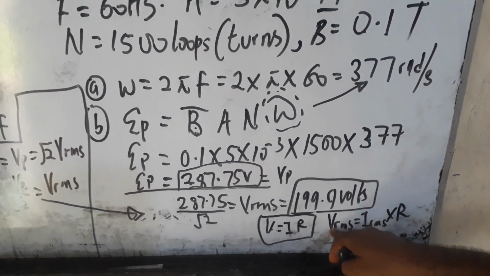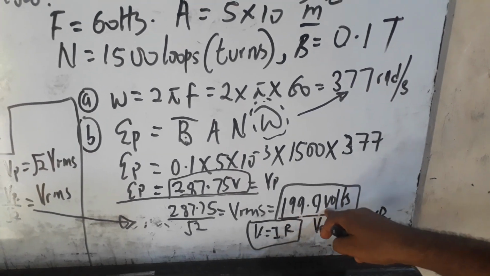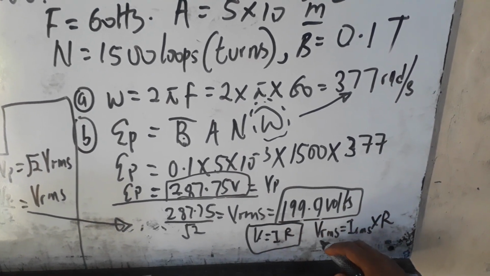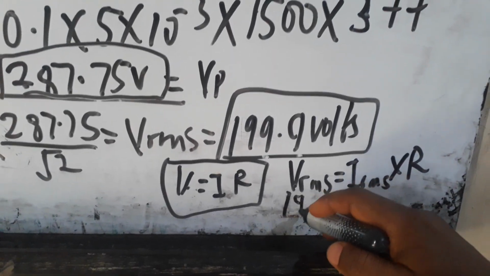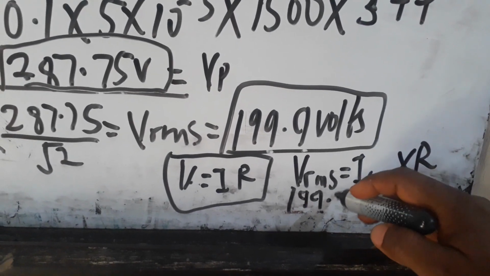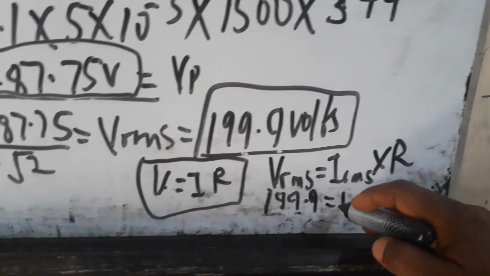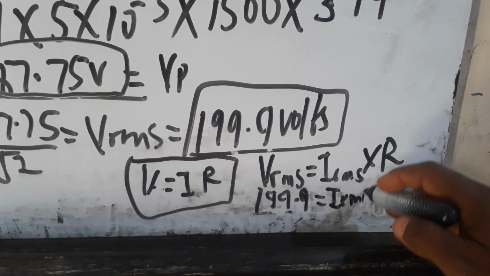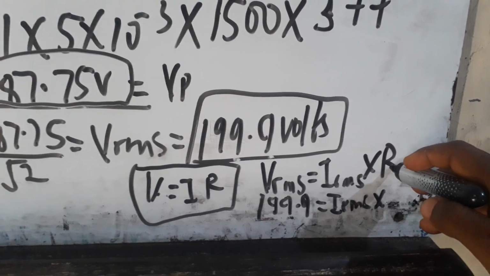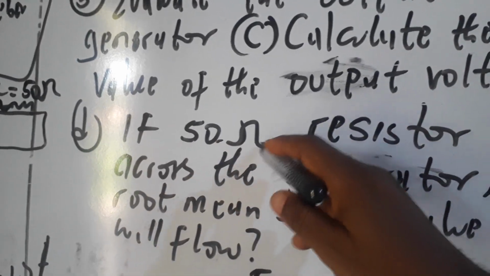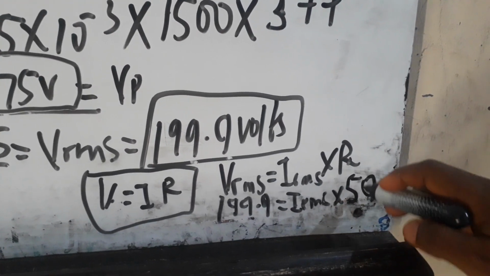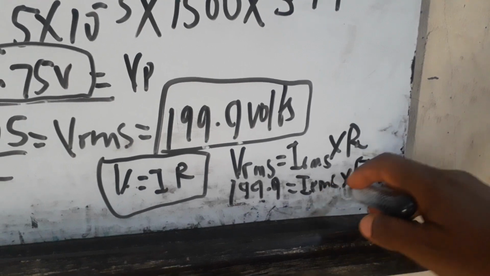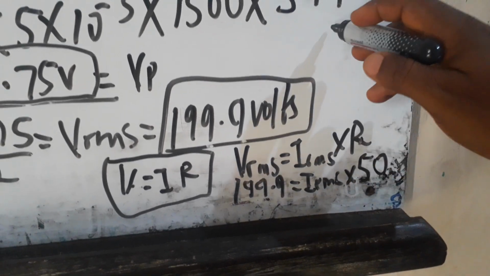The root mean square value that we got is 199.9, so I will substitute it. 199.9 is equal to I RMS that we are looking for, times R. That R is what we are asked to find, the value of the resistor, which is 50 ohms. So we put 50 here. So we divide both sides by 50 to get our I RMS.